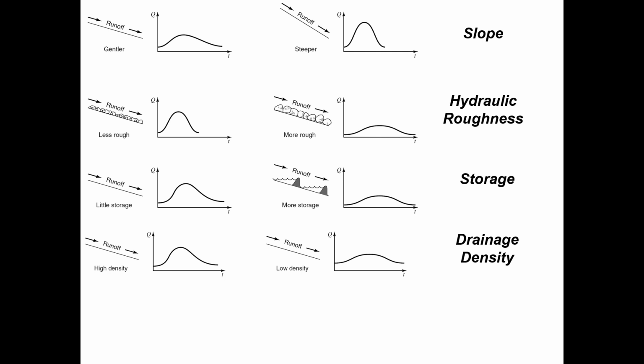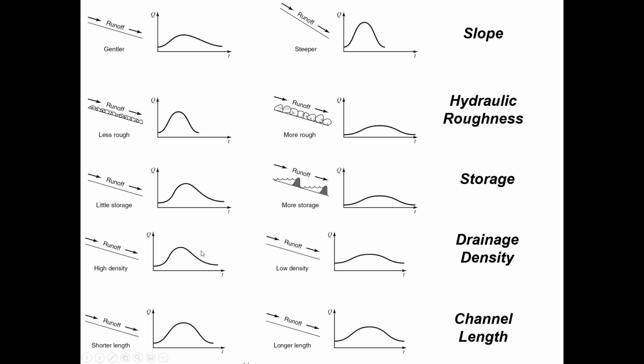Well, if you have more defined channels at a greater density, so more channelized flow and less surface flow, the more streams that you have in the watershed, the water doesn't have to travel as far before it encounters a stream, and then it begins the quicker transit towards the outlet. So this is just showing if you have a high density of streams, meaning just lots of channelization in the watershed, then that would give you a higher peak that is sooner compared to a low density of streams.